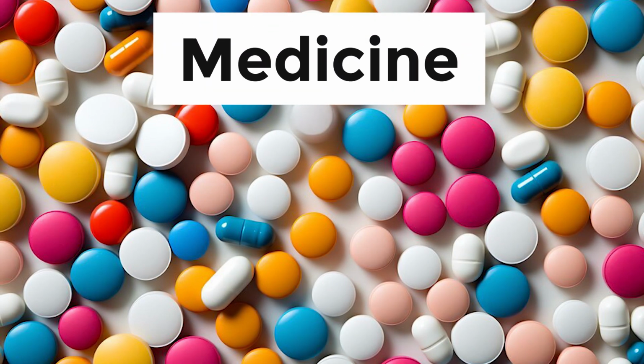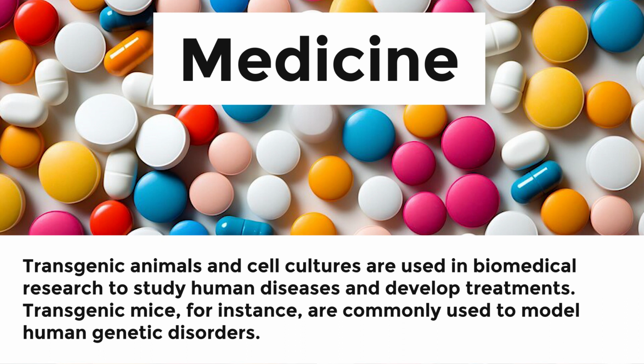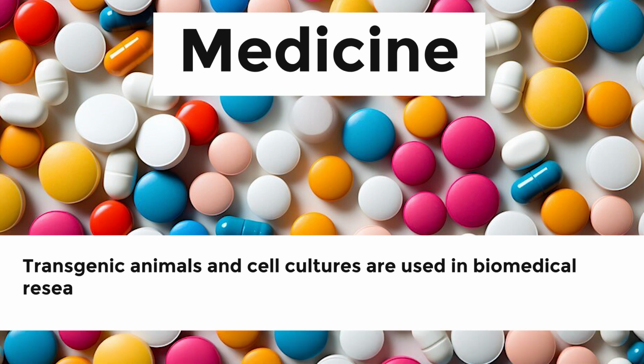In medicine, transgenic animals and cell cultures are used in biomedical research to study human diseases and develop treatments. Transgenic mice, for instance, are commonly used to model human genetic disorders.